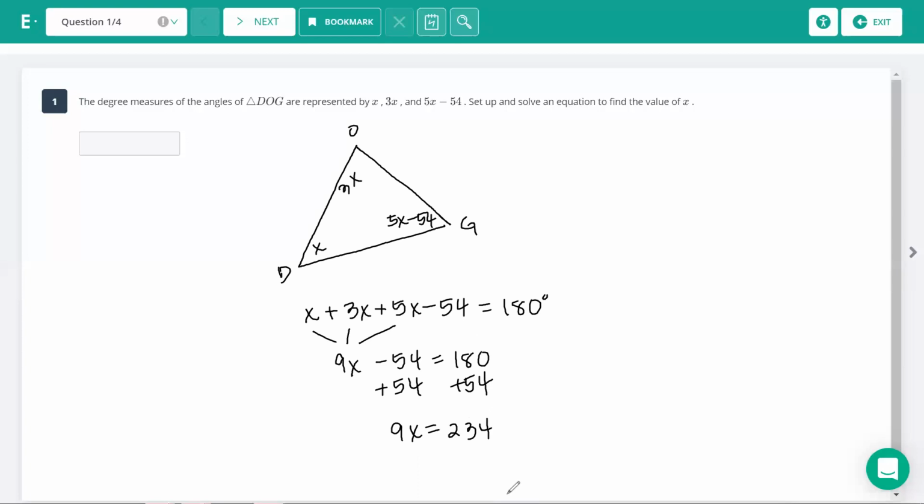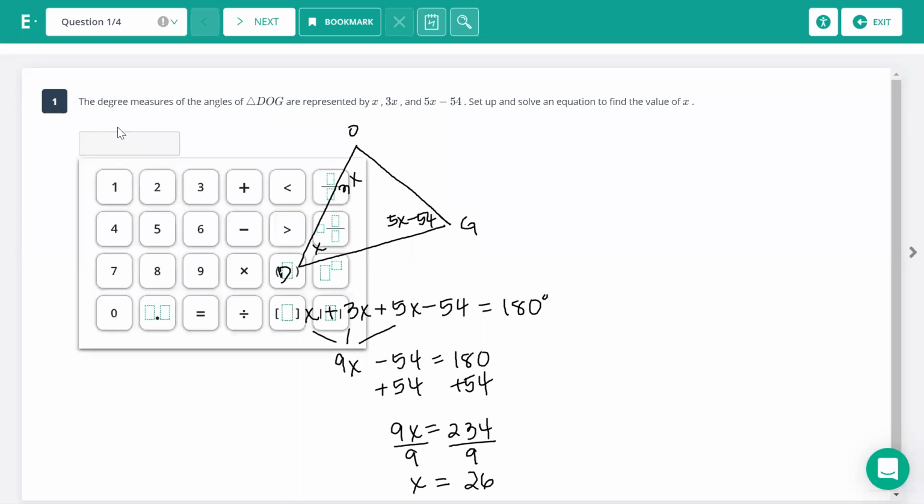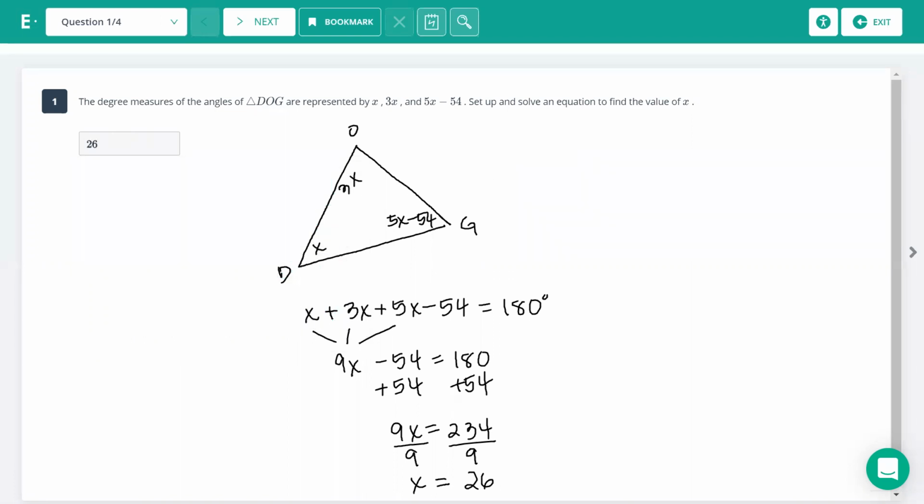So undoing that multiplication leaves me with division. I'm going to divide by 9, and x as my answer is 26. So on the Edulastic quiz, you would type in here 26, or you can go and select the number 26.